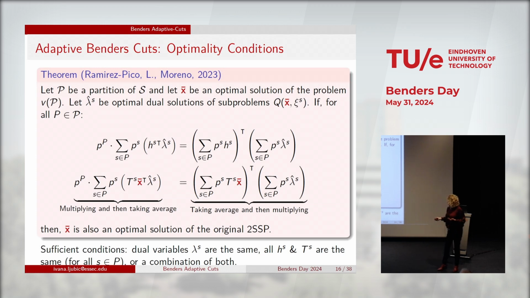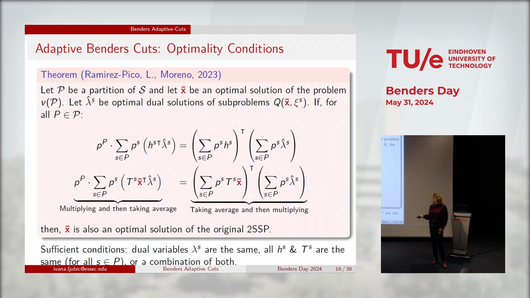And then there are other, more advanced criteria, because if you look into these conditions, maybe they can be satisfied even without imposing such a strong constraint, since we can sometimes exploit the structure of the transportation matrix or the right-hand side. I will show you two case studies where we did that.